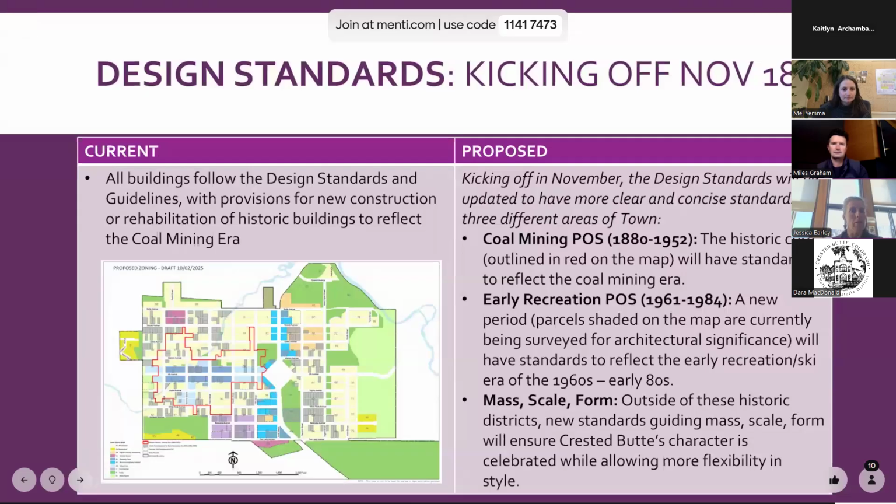We're surveying those buildings from that new period of significance from 1961 to 1984 and determining which buildings contribute to that. And then we'll have new standards for that. And then have mass, scale, and form guide standards for buildings outside of those two periods of significance, allowing more flexibility in style.